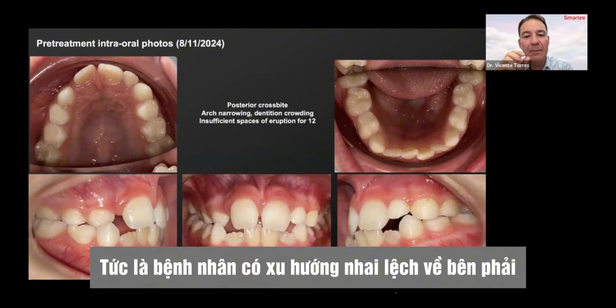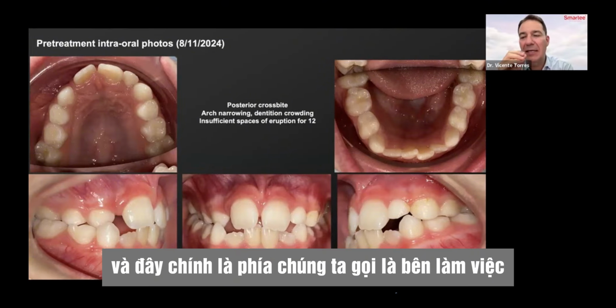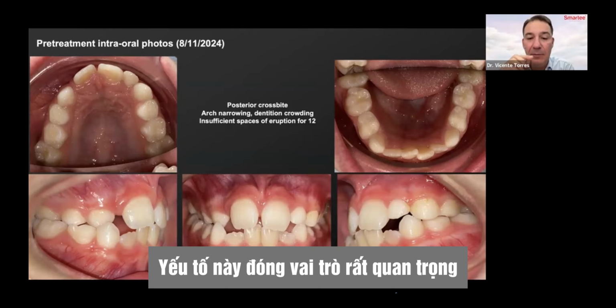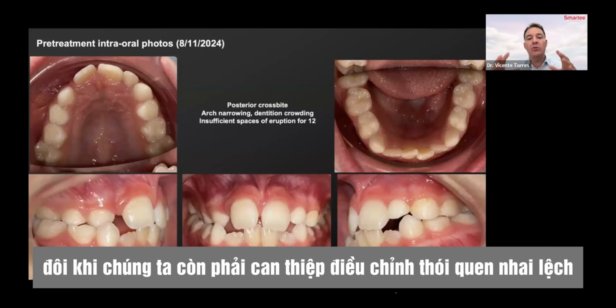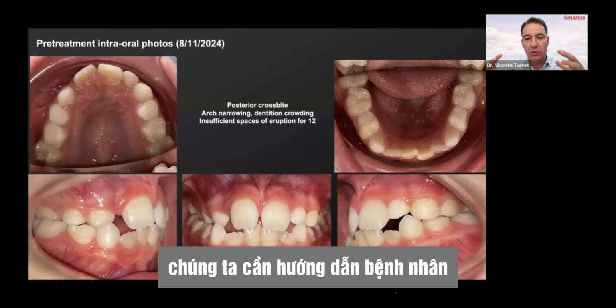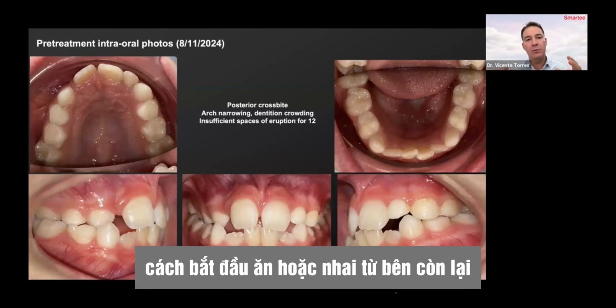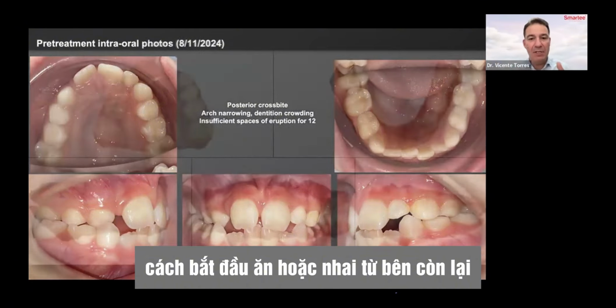The patient normally chews from the right side, so we call it the working side. It's very important because sometimes we need not only to correct the malocclusion, but also to correct the chewing. We need to teach the patient to start to chew from the other side.